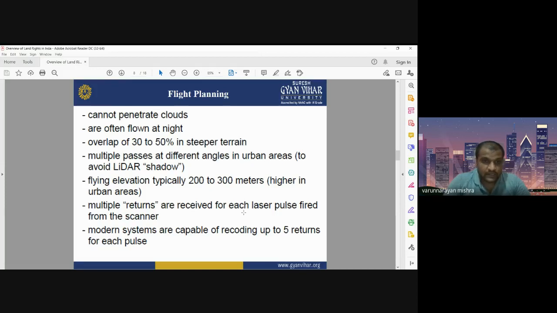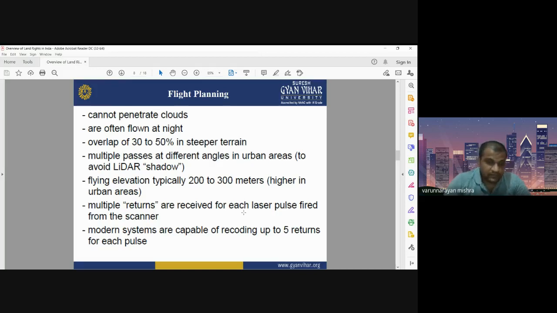And we generally use lidar in the night time, because in some cases in the daytime it may be affected by the solar radiation. So in most applications, we use lidar in the night time.